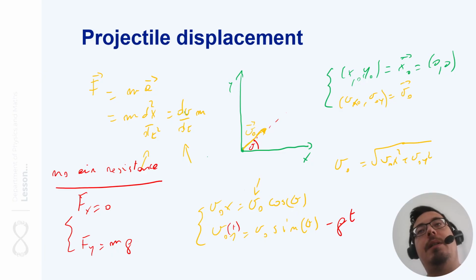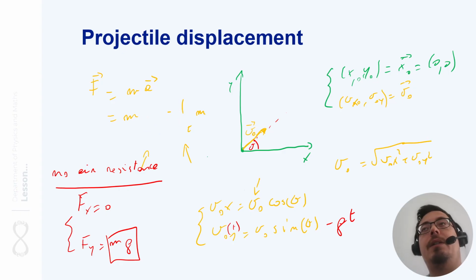So from this equation here, we know that if we integrate over time, and by the way, the direction is downward, so there will be a minus, of course.